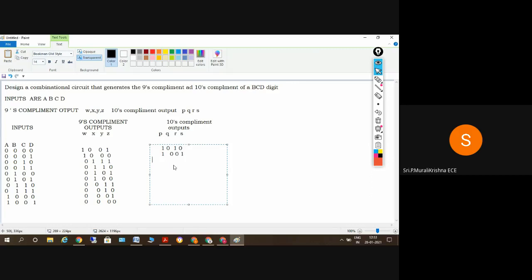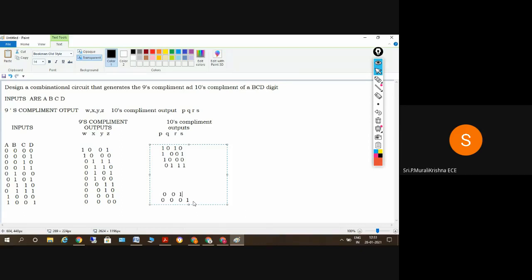Then 7 plus 1 is 8. And 6 plus 1 is 7. In a similar way, fill all those things. And the last one is just adding 1 to the 9's complement: 0 0 0 1 and 0 0 1 0.